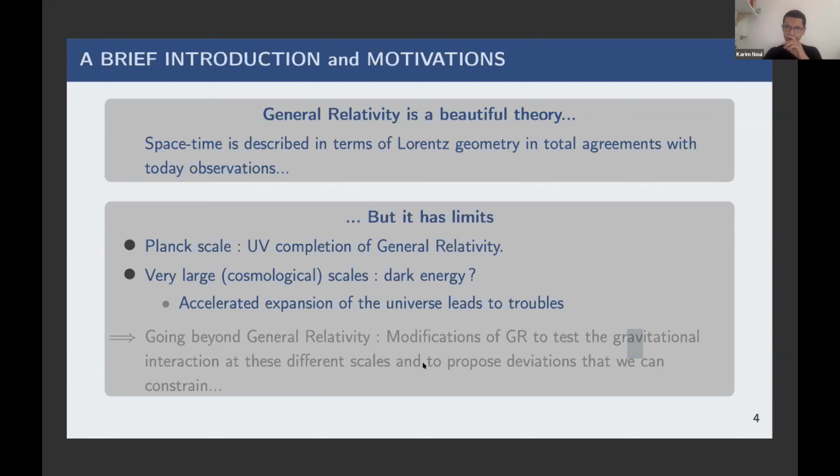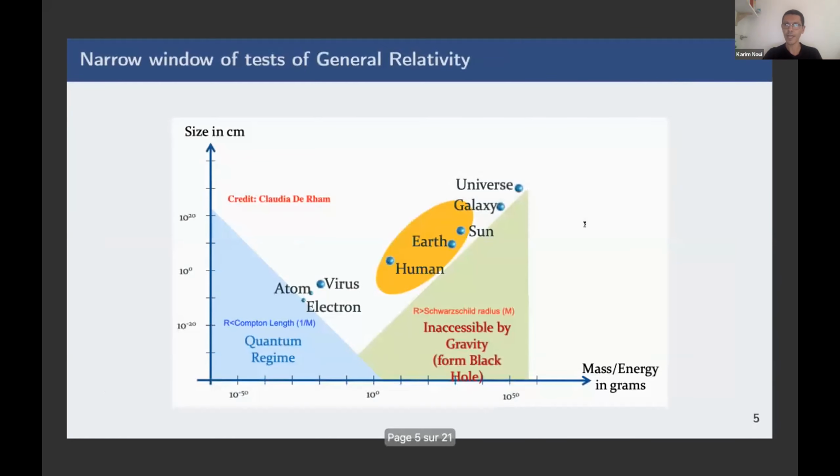And in general, we like to construct theories and to propose deviations that we can constrain. So this is one of the main motivations for constructing alternative theories of general relativity.